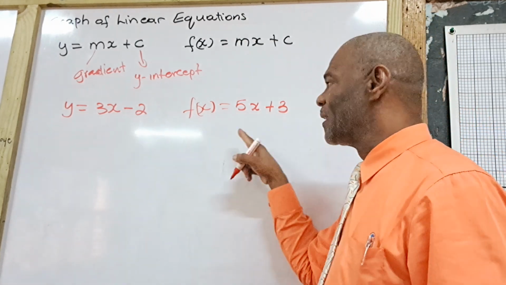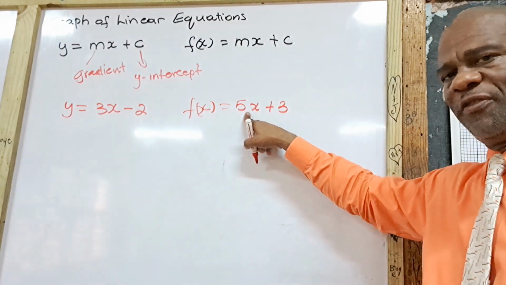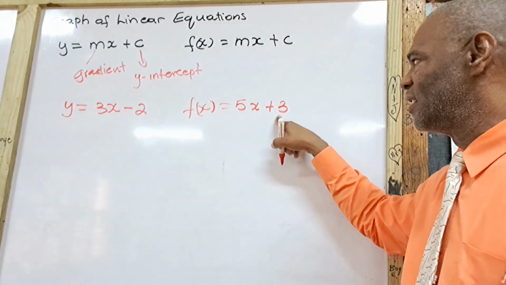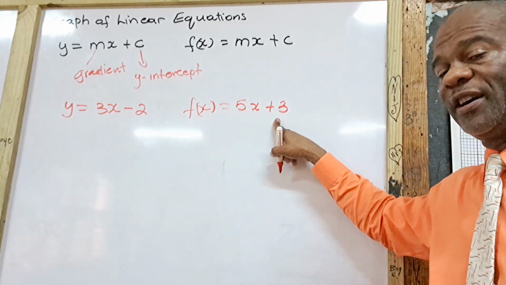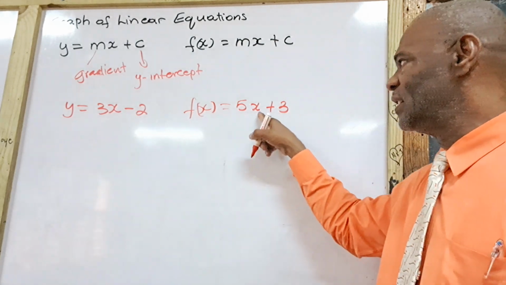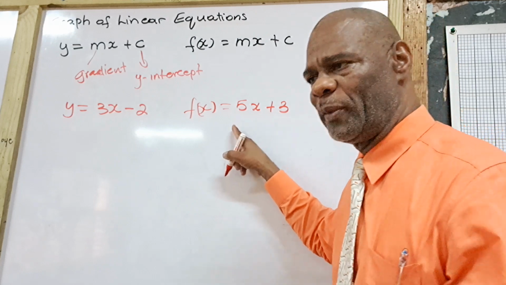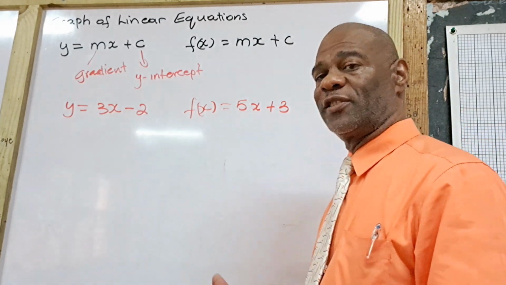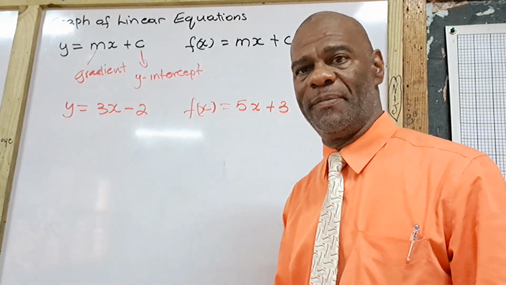Remember, the gradient is the coefficient of x, and the constant is the y-intercept. The constant represents the y-intercept and the coefficient of x represents the gradient, or the slope of the line. Some persons will call it the slope of the line, some will say the gradient, but it means the same thing.